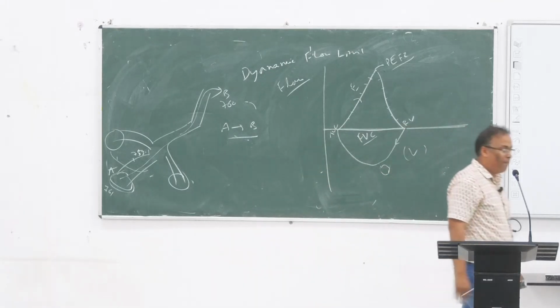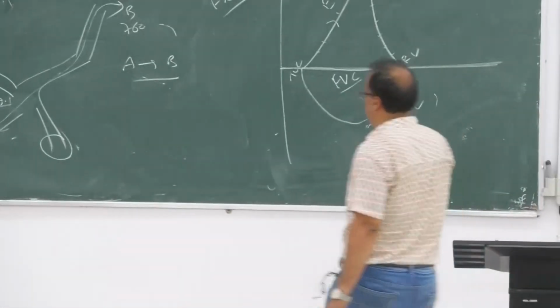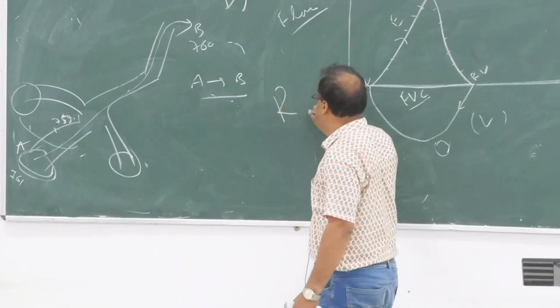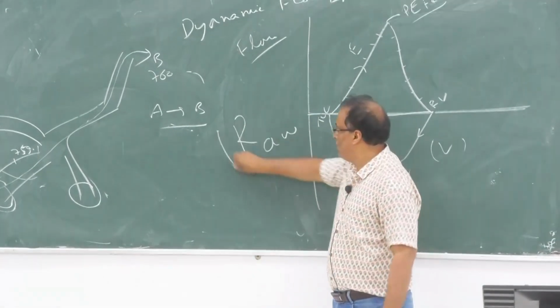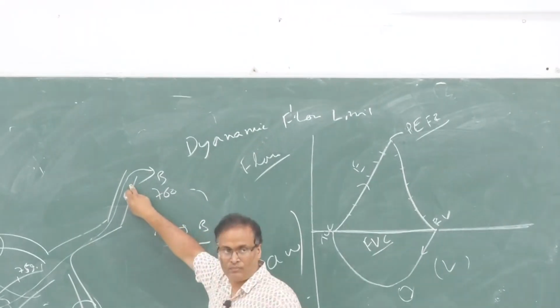Number 1. Number 2, pressure drop on the resistance. What kind of resistance? Frictional resistance. That is called airway frictional resistance, that means frictional resistance to air. That is denoted as R airway resistance.